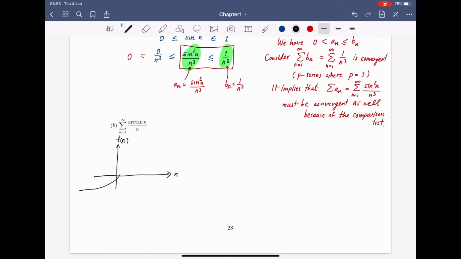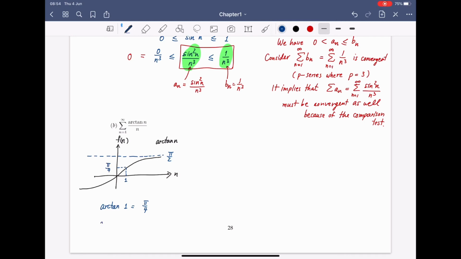Arctan n is a graph like this, and we know the behavior of arctan: the limit is going to be pi over 2 when n goes to infinity. And you know that arctan 1 is equal to pi over 4. This is because tan pi over 4 is 1. That means when n equals 1, your arctan is pi over 4.